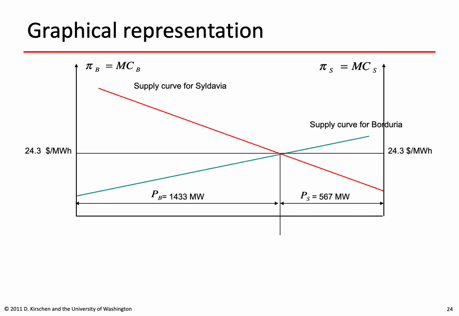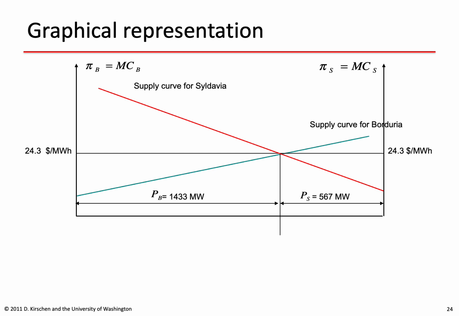Let's plot then the supply curve for Syldavia, but let's invert the x-axis. And so we measure from the right to the left, and if the amount of power produced in Syldavia is 567 megawatts, then using the supply curve for Syldavia, we find that it also leads to a price of $24.3 per megawatt hour in Syldavia.